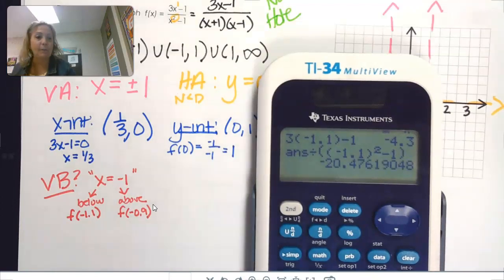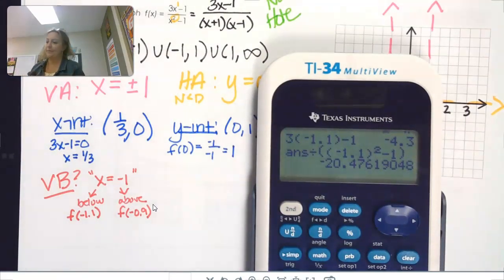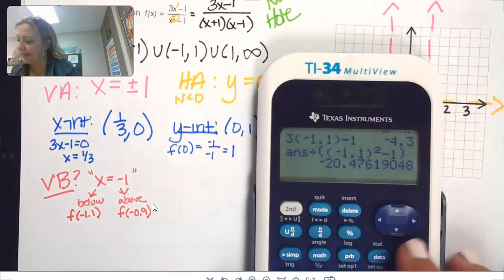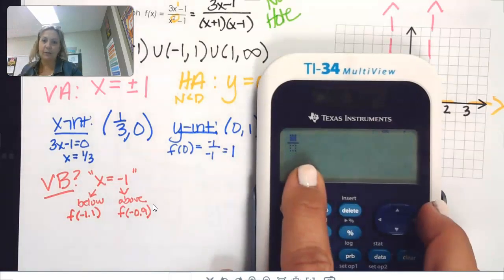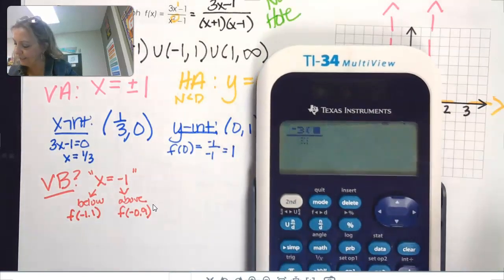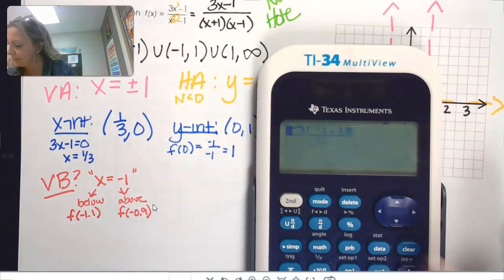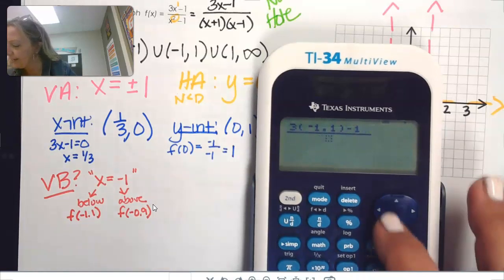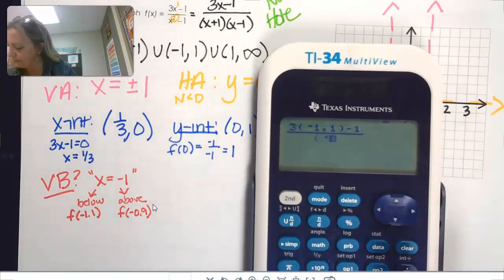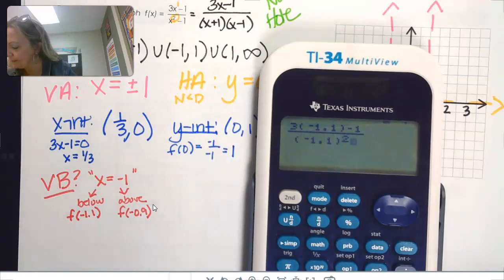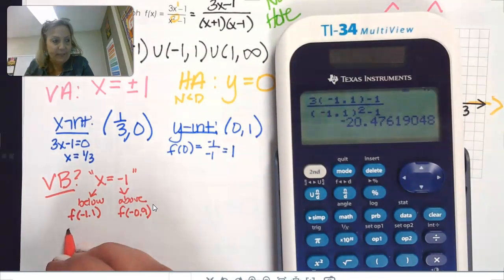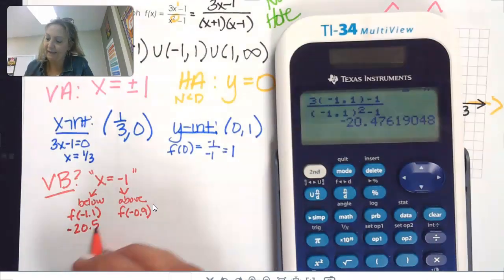Again, you can do that a couple different ways, but you know, stack the fractions in your calculator. Some of you guys like to do that. You could type in -3 times -1.1, which is just +3.3, minus 1, and then in the denominator, -1.1 squared minus 1. And then again, we get this idea that it's going to be about -20.5.